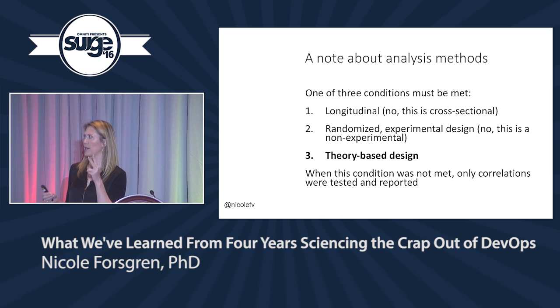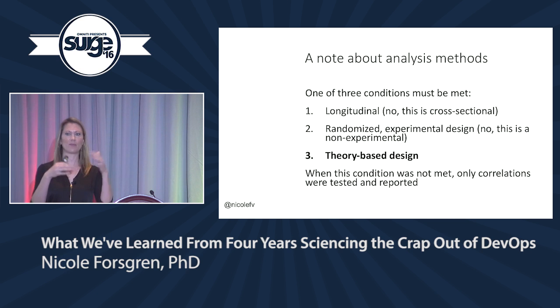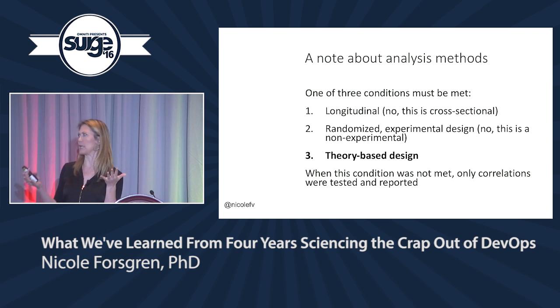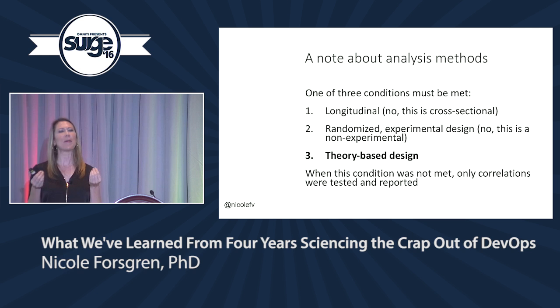Two, it has to be a randomized experimental design. This is non-experimental, right? I don't experimentally send out certain surveys to certain people. Everyone gets the same thing. Or three, theory-based design. I have to have some reasonable expectation for why one thing should predict another. Otherwise, it could just be some crazy fluke in the data, right? Have you guys heard of the website Spurious Correlations? It's so great.